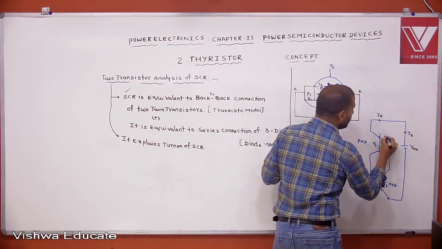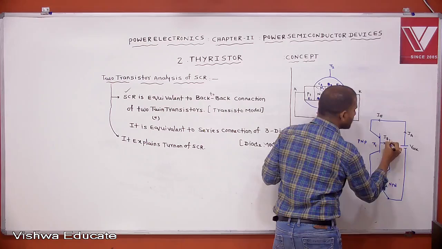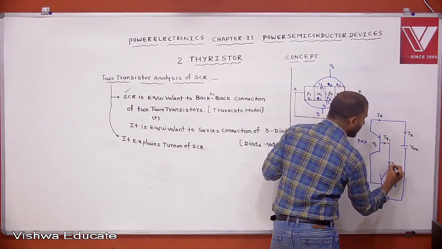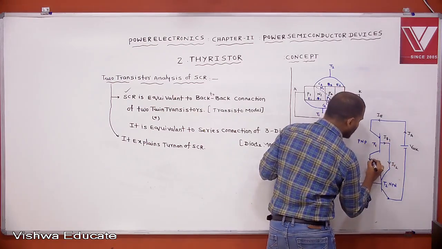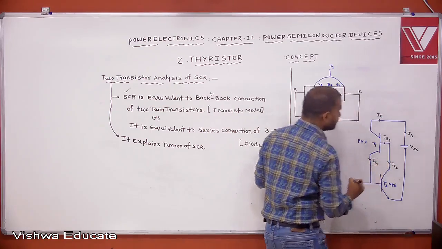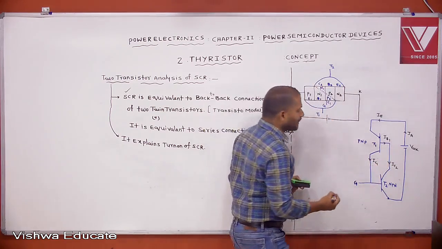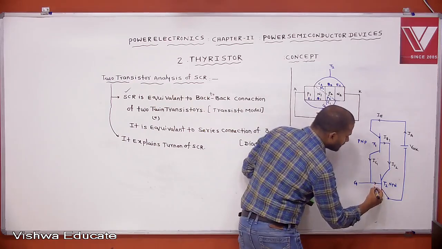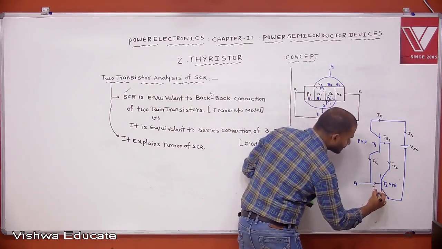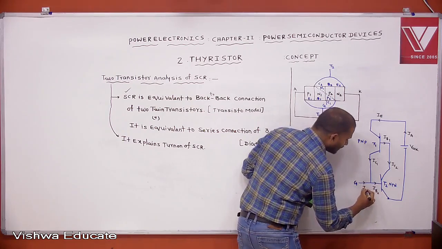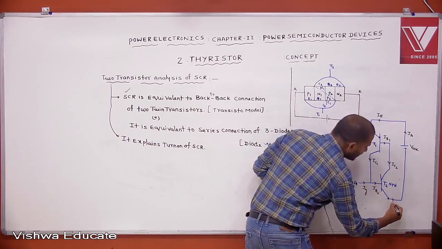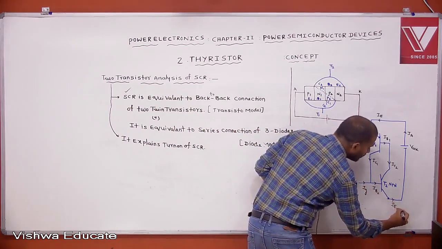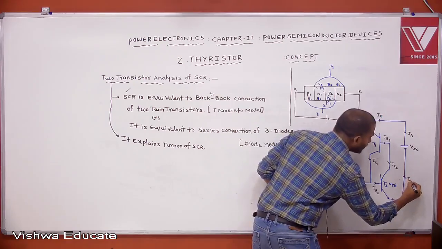This is the base current of T1 transistor, IB1. This is the collector of T2 transistor, and this is the collector of T1 transistor. This is the base of T2 transistor. This is the gate current, this is the emitter current IE2, and this is the cathode current IK.